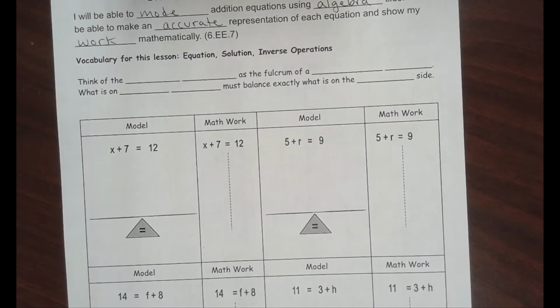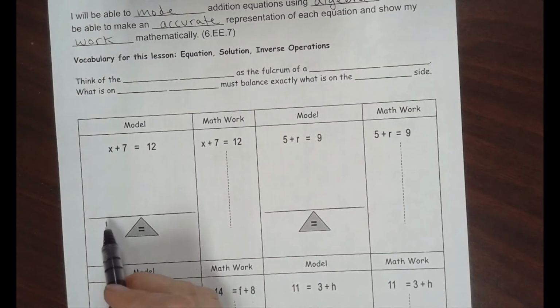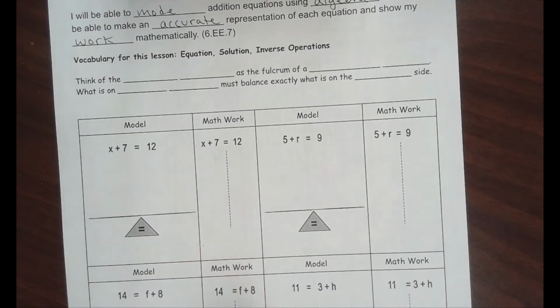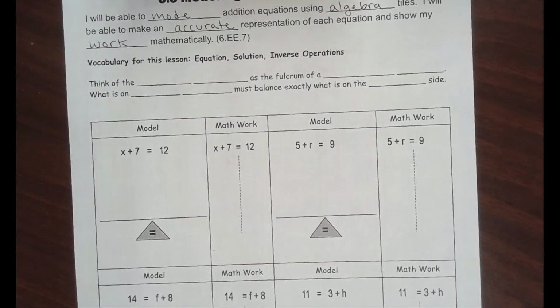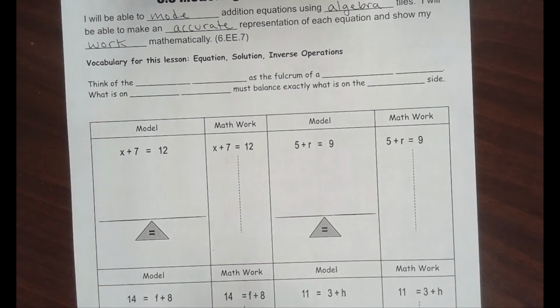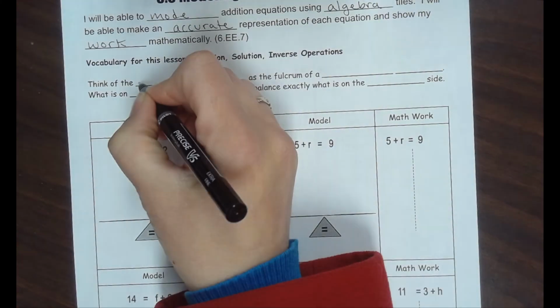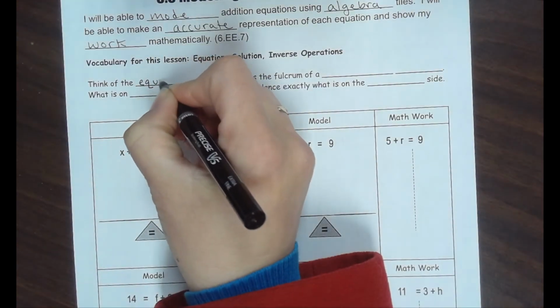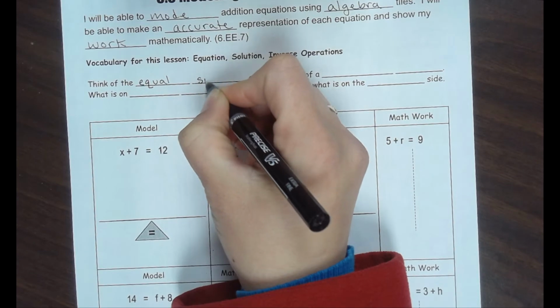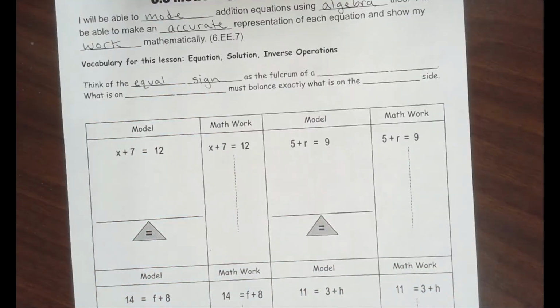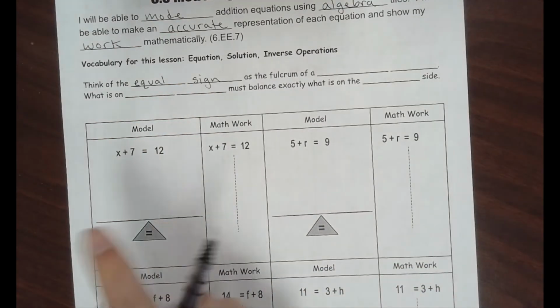When you are modeling equations, see this teeter-totter scale down here? So I want you to think of the equal sign as the fulcrum. So this is a fulcrum. So right here, it's balanced.